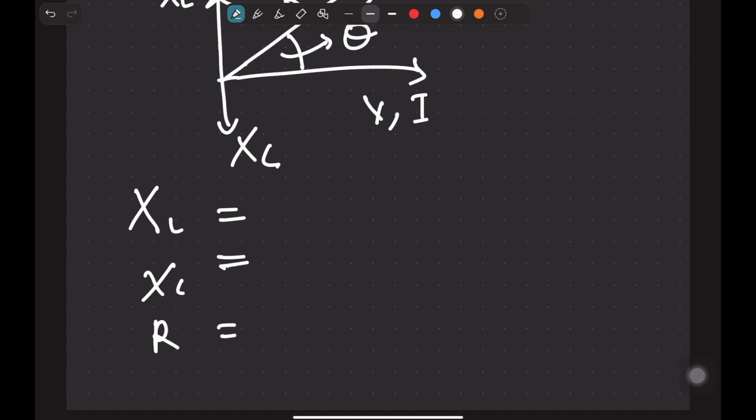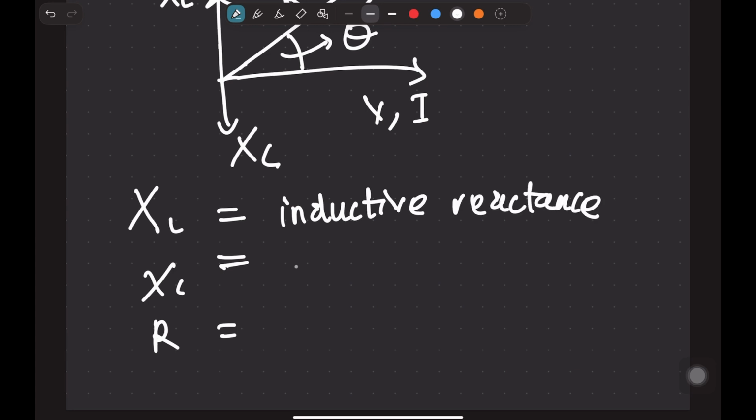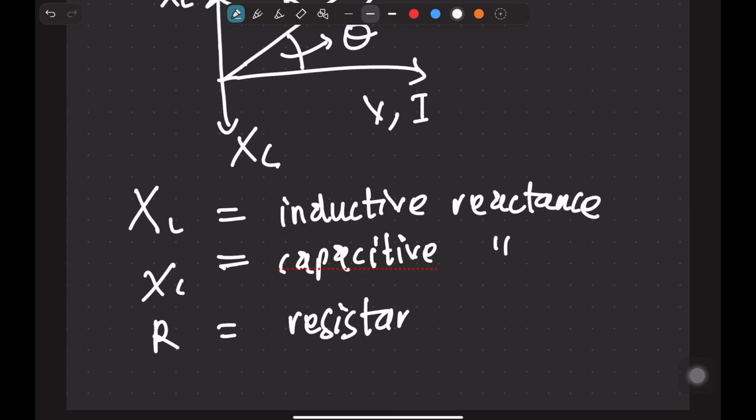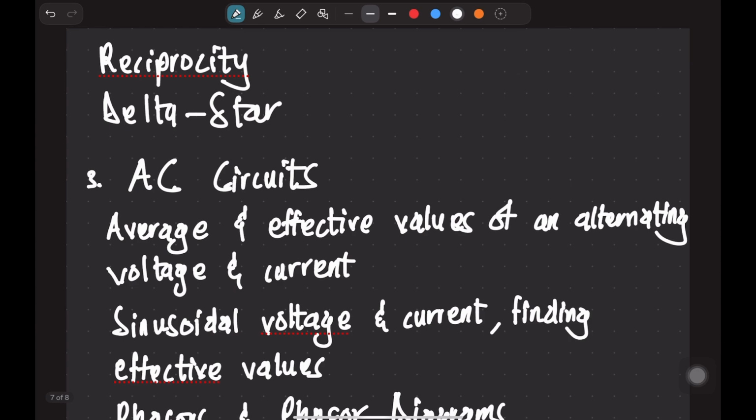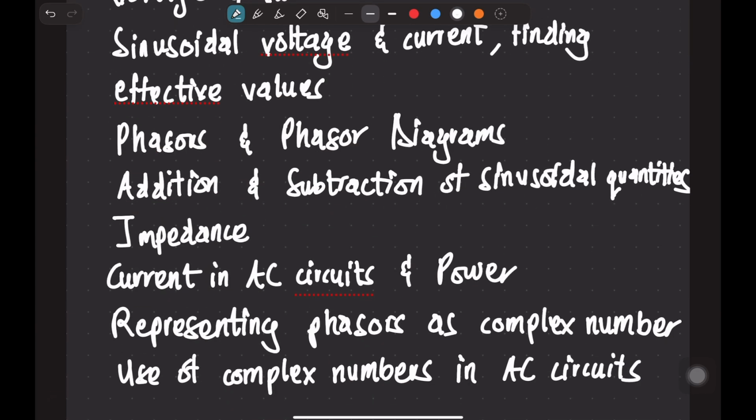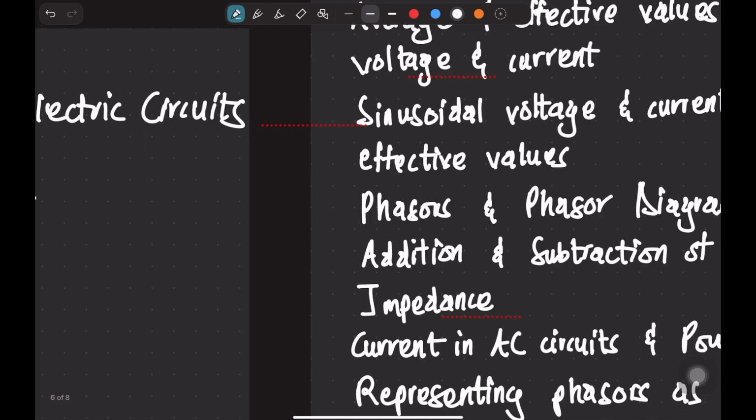XL is inductive reactance. XC is capacitive reactance. And R is the resistance we know of from DC circuits. Then we move to current in AC circuits.